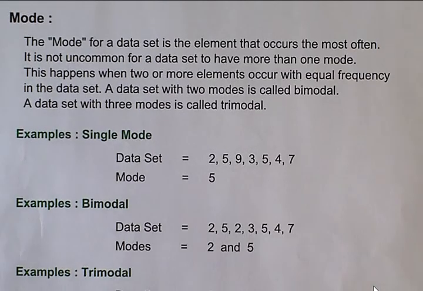And they say it's not uncommon for a data set to have more than one mode. You will see this happen in your exercises. This happens when two or more elements occur with equal frequency in the data set. A data set with two modes is called bimodal. With three modes is called trimodal.